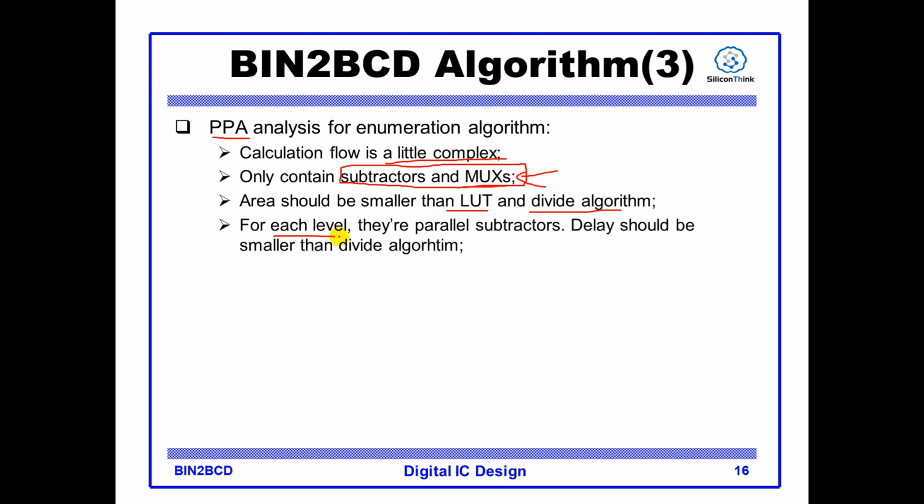For each level, such as the level to calculate the BCD code for hundreds and the level to calculate the BCD code for tens, their subtractors are parallel.